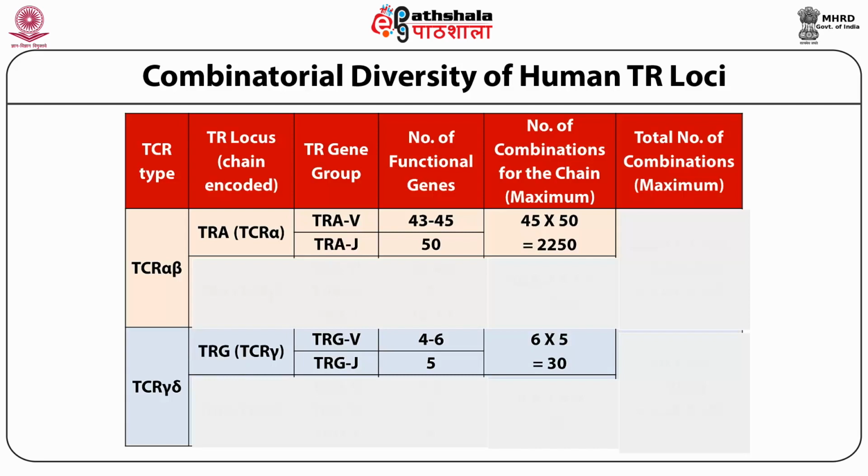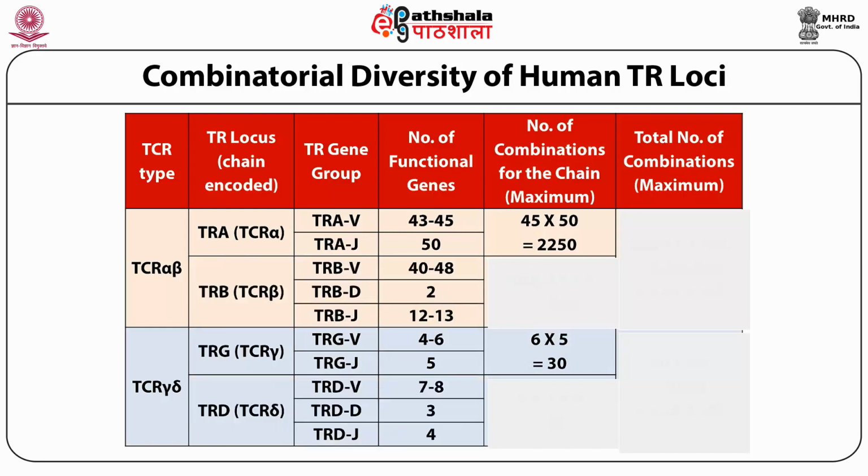The antigen binding region of TCR corresponds to V, D, and J genes of the TRB and TRD loci. Therefore, to calculate the maximum number of antigen specificities at these loci, we multiply 48 by 2 and 13, which gives us 1248 for TRB locus. For the TRD locus, 8 multiplied by 3 and 4 gives us 96.